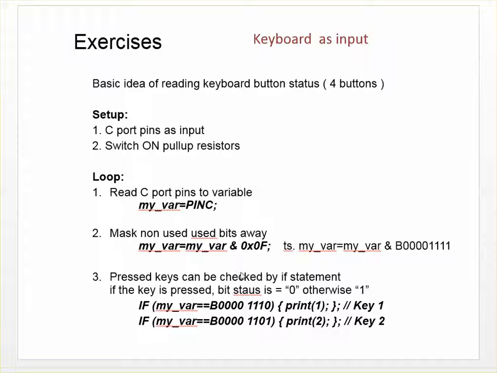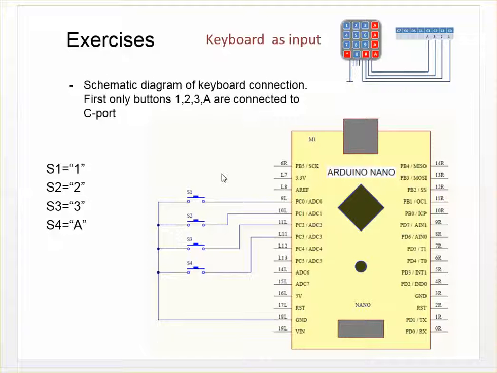And then if we would like to check that, for example, we could use the if statement to check if key 1 is pressed. Here was our circuit diagram. So if we press this key 1, switch 1 here, then this C0 will be 0 voltage, logical 0.